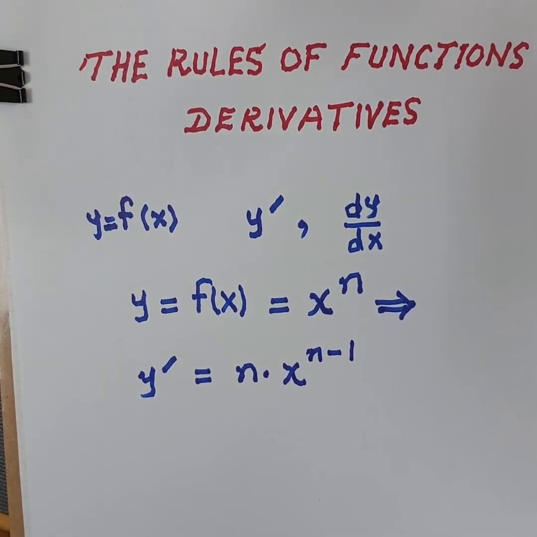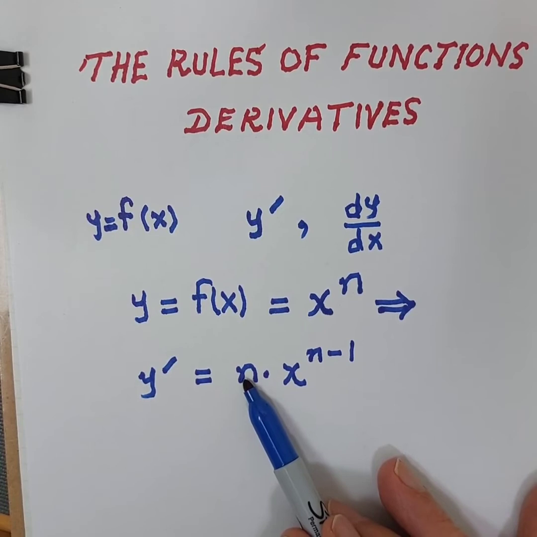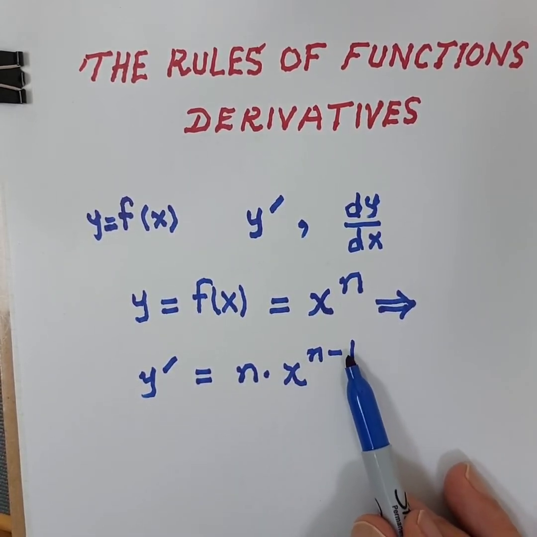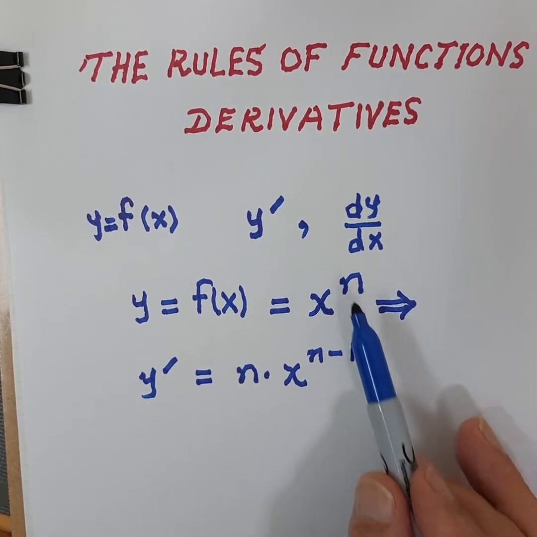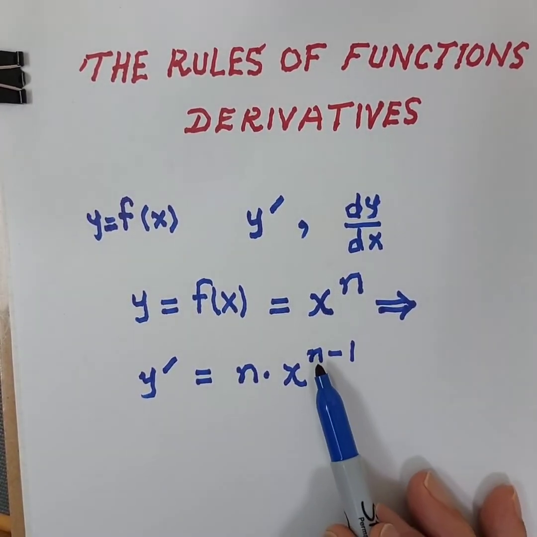Well, what we do, just bring the power in the beginning here and write x with power not the same but less by 1. So the power will be n minus 1.